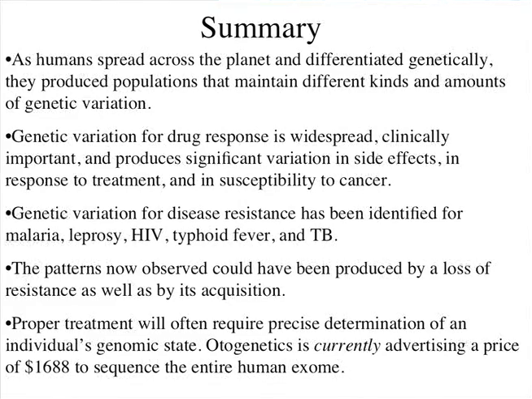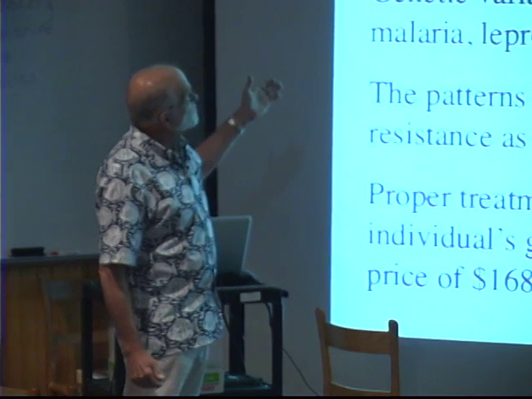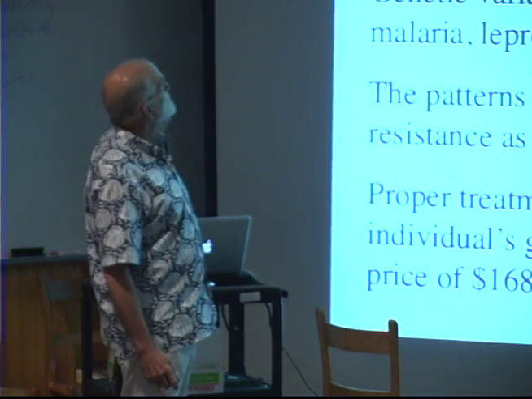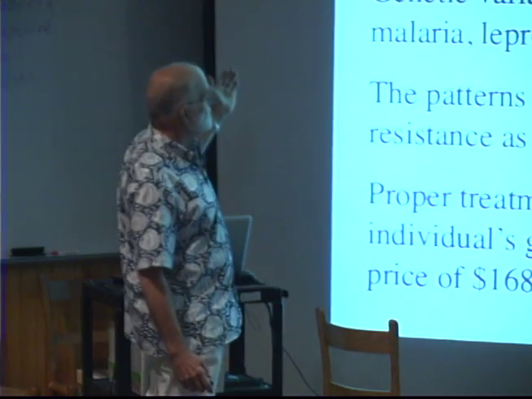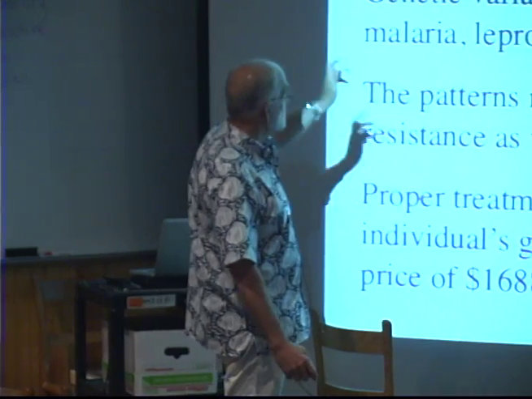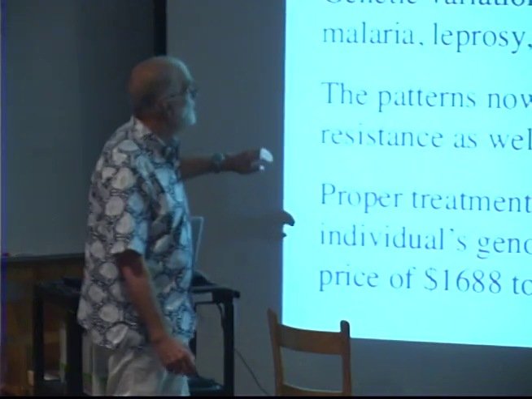And to summarize the lecture, this resulted from our spread across the planet, our genetic drift in doing so, and our exposure to different environments. There is widespread genetic variation for drug response, and it produces lots of variation in side effects and susceptibility both to treatment and to cancer, response to treatment and susceptibility to cancer.